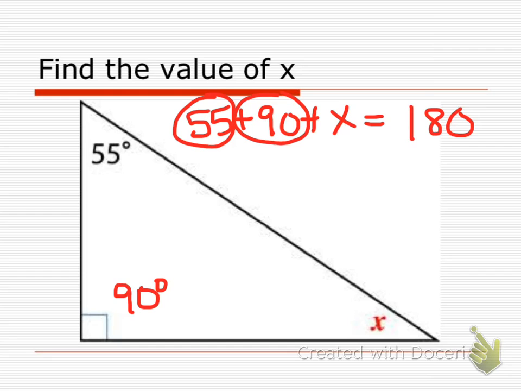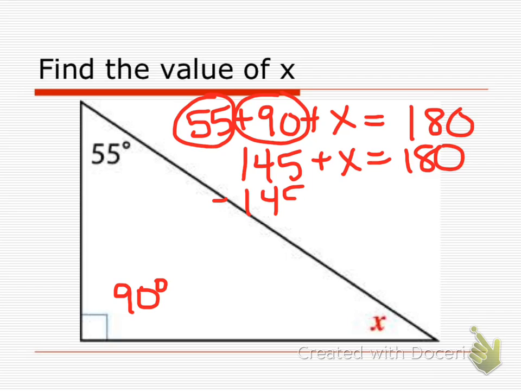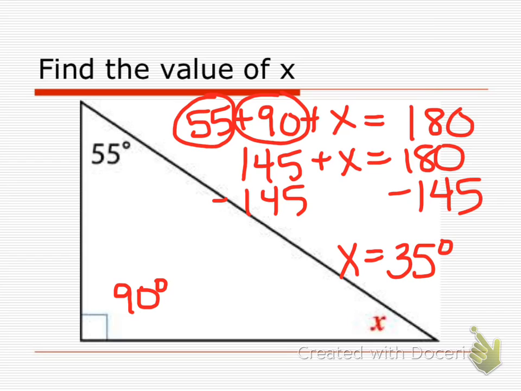So 90 plus 55 is 145 plus x, and solve for x by subtracting 145 from both sides. So I find the value of x to be 35 degrees. You could check your work by taking 35 plus 90 plus 55 because you know they must equal 180.